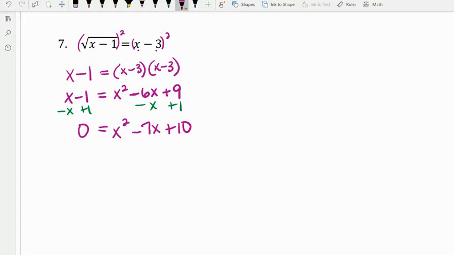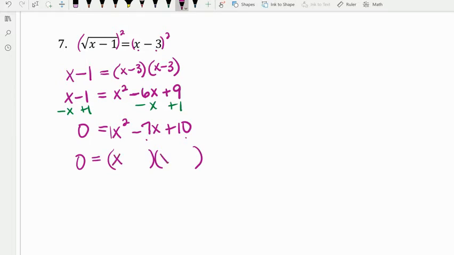I'm going to check to see if I can factor first, because I think that's the easier way to do these. Can I come up with two numbers that will multiply to make 10 and add to make 7 or negative 7? The answer is yes. I can use 5 and 2. So then I get my two factors. I can do this the shortcut way because it's just a 1 in front of that x squared.